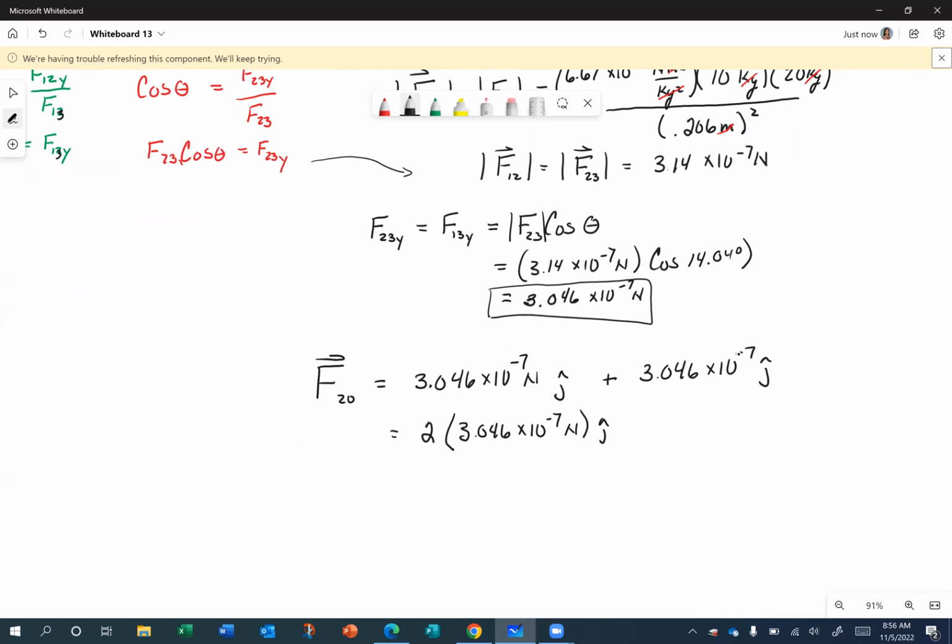So the final answer is that the force on the 20 is 6.092 times 10 to the minus 7 newtons in the J hat direction, or 90 degrees.